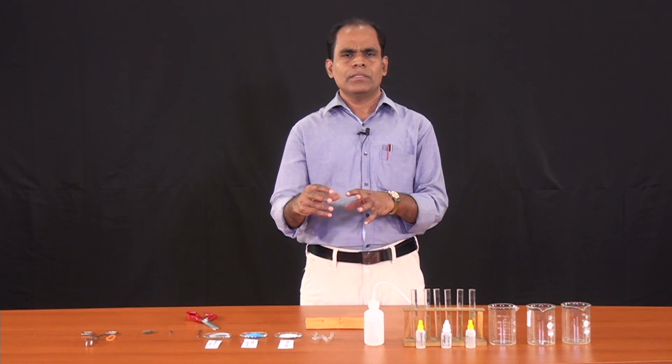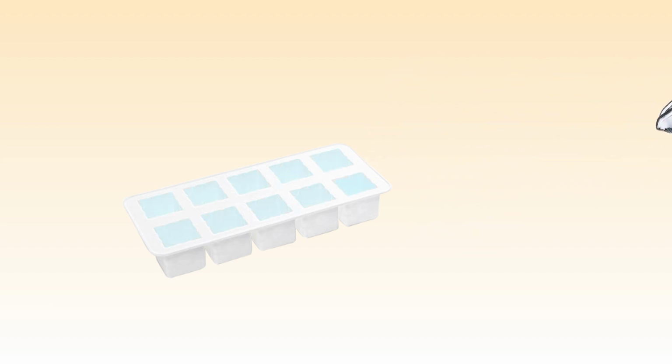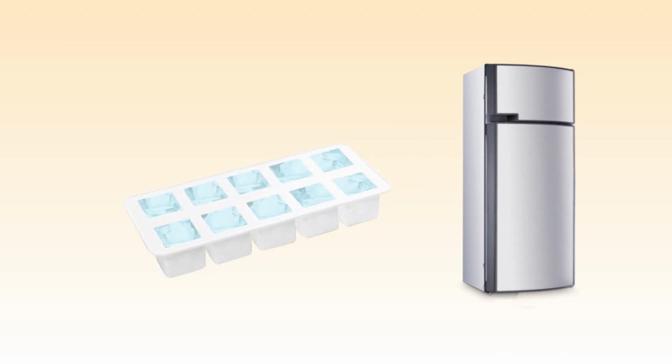Again, take that beaker and keep it in a freezing mixture containing some ice and common salt. You will observe that the mixture of ice and water will again start to freeze and form solid ice. So, what kind of change is this? This is also a kind of physical change because here the change is reversed and no new substance is produced.